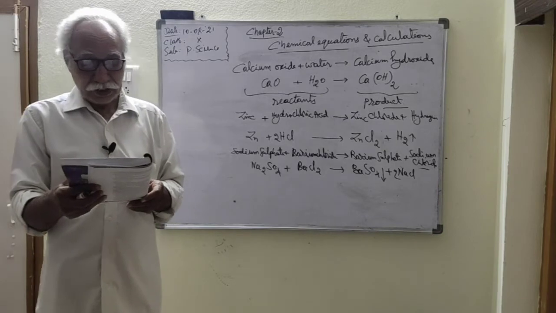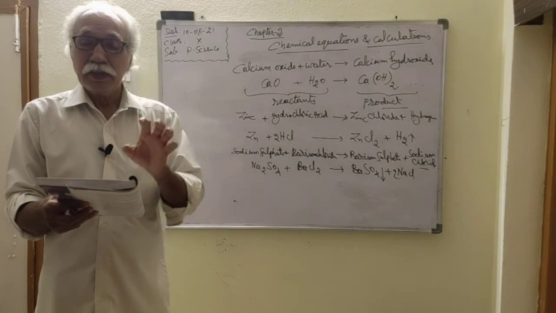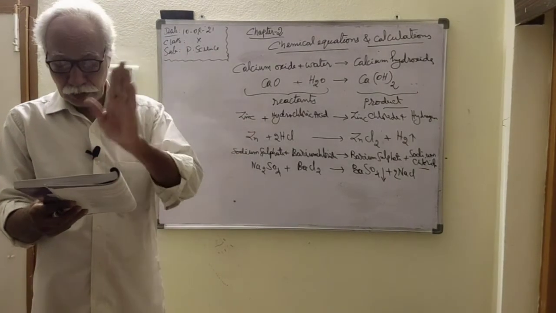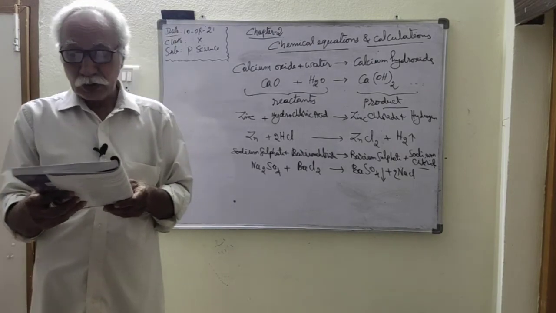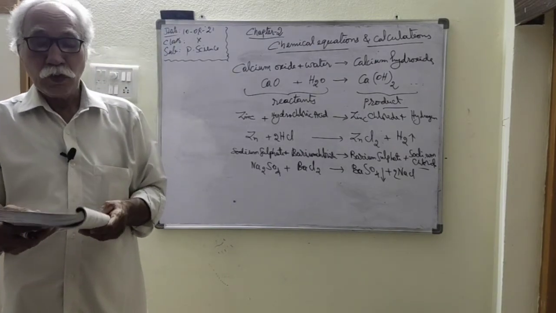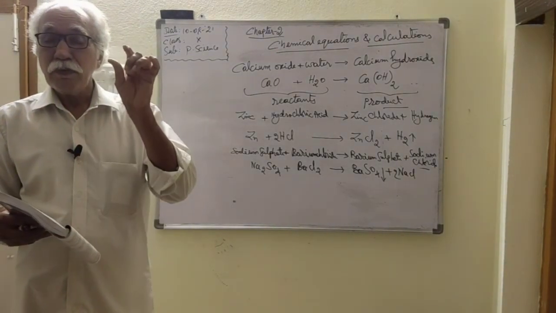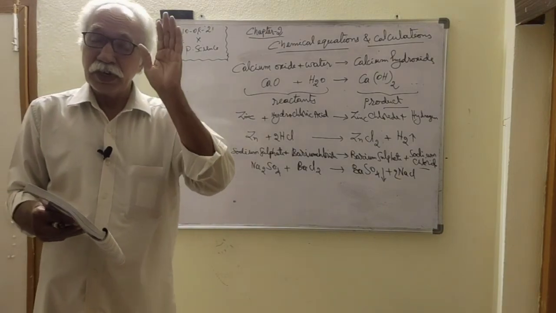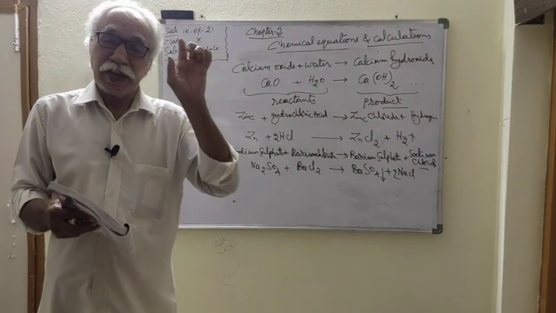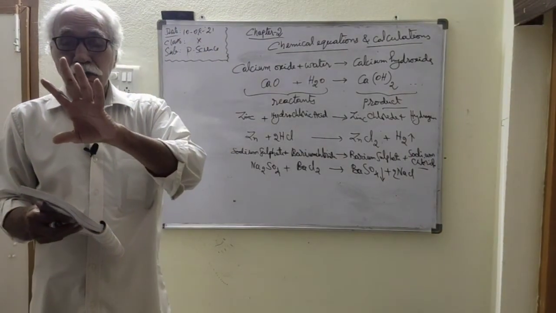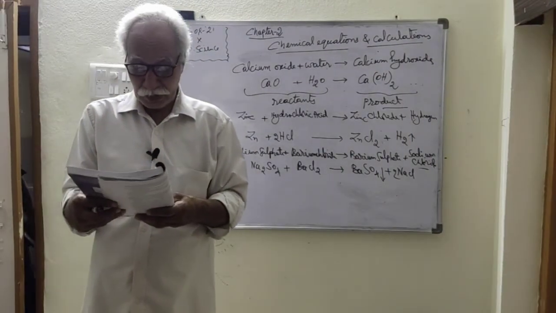A chemical equation in which the number of atoms of different elements is equal on the reactant side and also on the product side is called a balanced chemical equation. The number of atoms of each element must be equal on the reactant side and product side, so that the mass remains balanced.